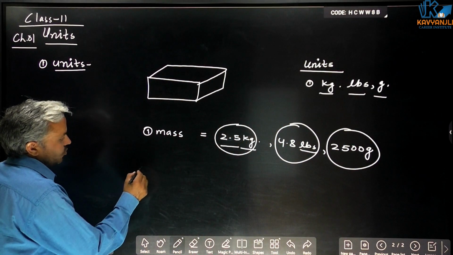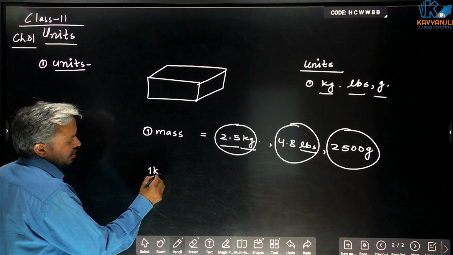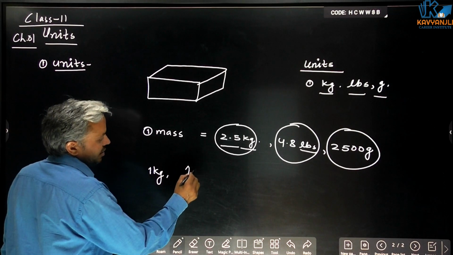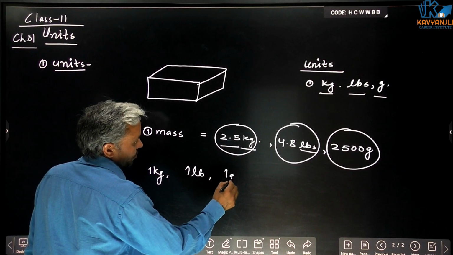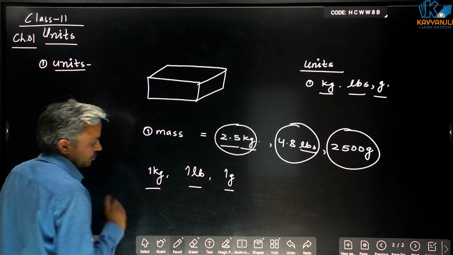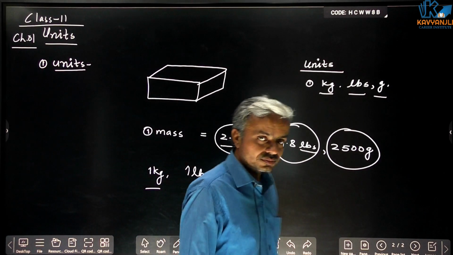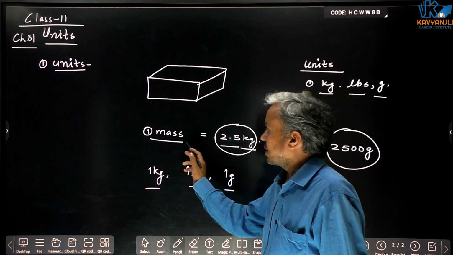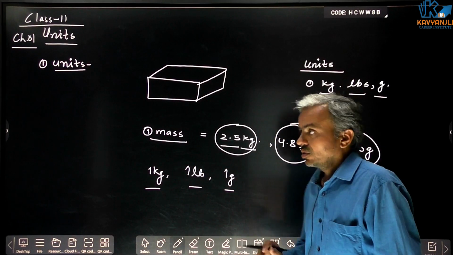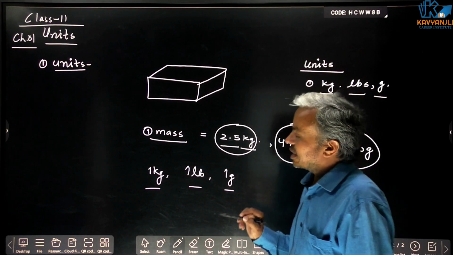So if I ask what is 1 kg then? What is 1 lb? What is 1 gram? So these are units of mass. What is mass? Mass is a physical quantity. What is physical quantity?